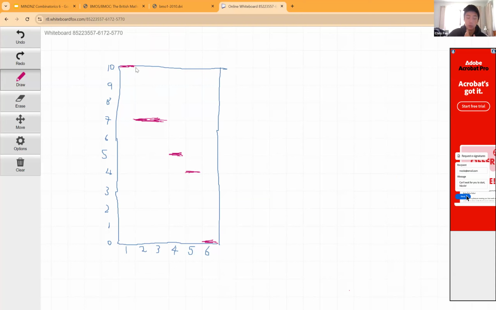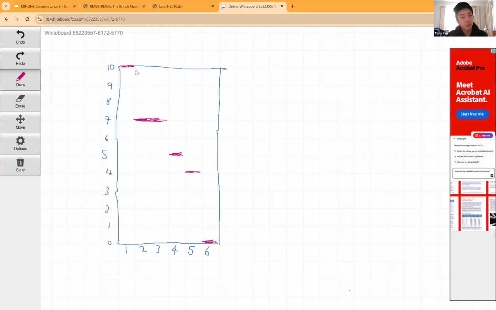And you're trying to count how many ways there are of putting these six horizontal caps. So you have these six lines, one, two, three, four, five, and six.